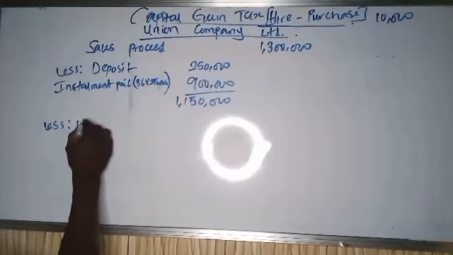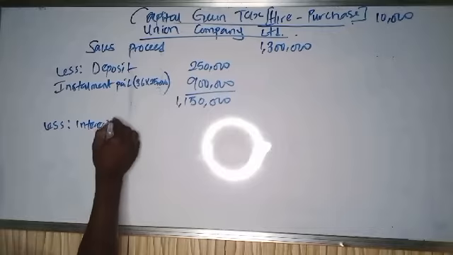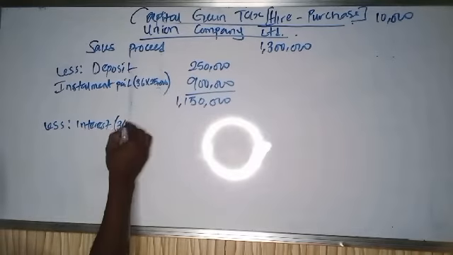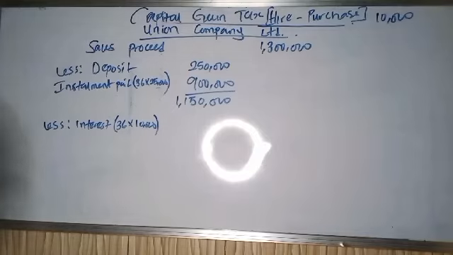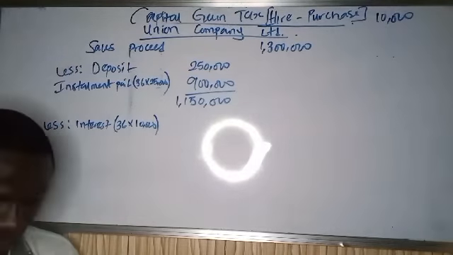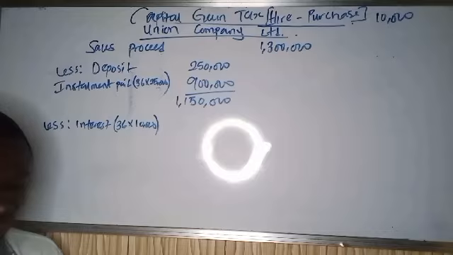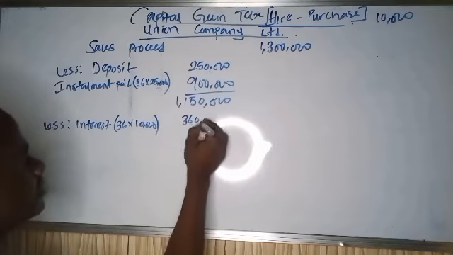So the interest of 36 months times 10,000 naira that he is paying every month. I hope we get that. 36 times 10,000 naira will give us a total of 360,000.